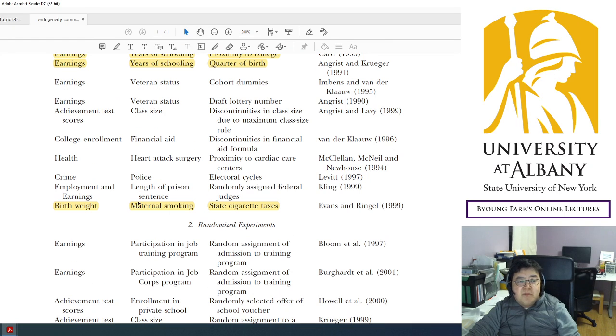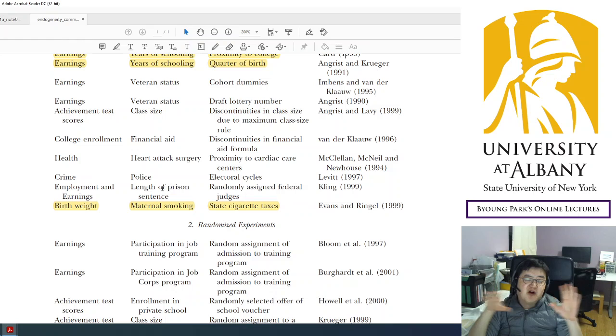Also, maternal smoking is endogenous because smoking during pregnancy may imply a lot of other adverse conditions. The mother does not take much care about the baby's health, so she is less likely to see a doctor, or less likely to take care of herself, or pay less attention to her well-being and the baby's health.